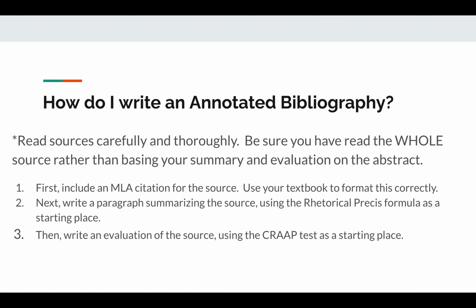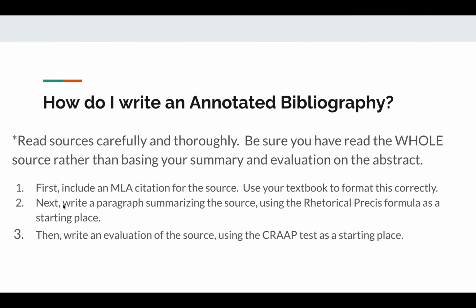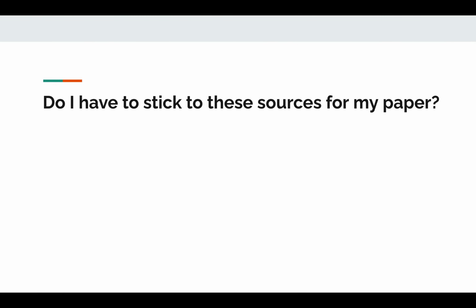So as long as you've read the source carefully, you should be able to write a pretty good summary following the structure that will be provided to you. So we will follow this exact structure, and even within the summary paragraph, like I said, sentence by sentence, you'll have specific instructions on how to compose a good summary, how to compose a good evaluation paragraph. And again, those are skills that we will be using in the future in your college career.